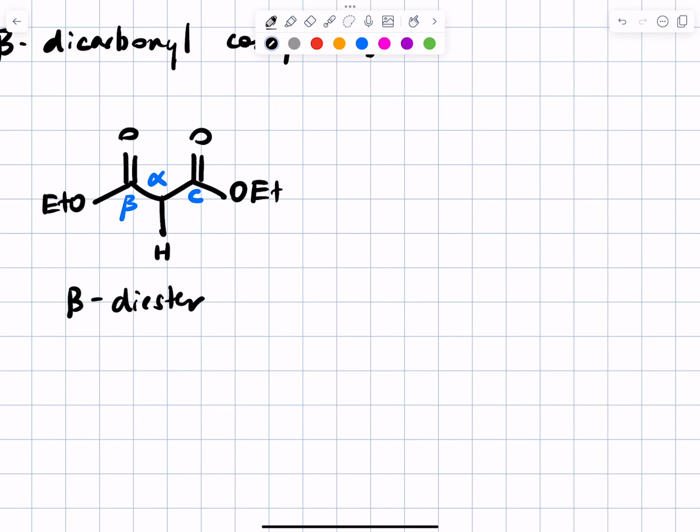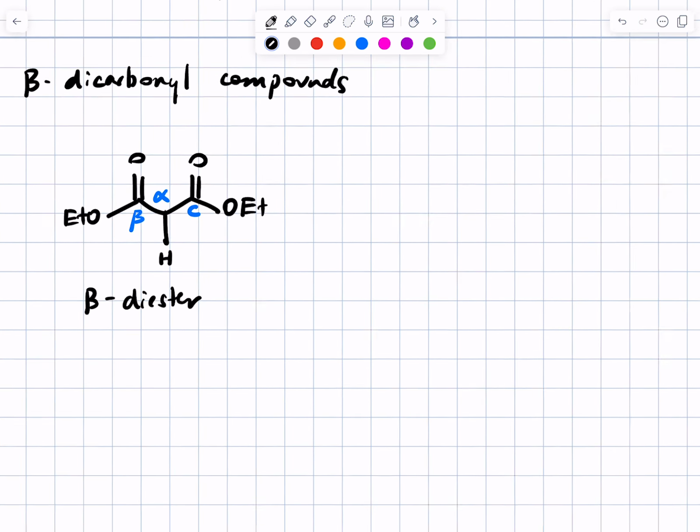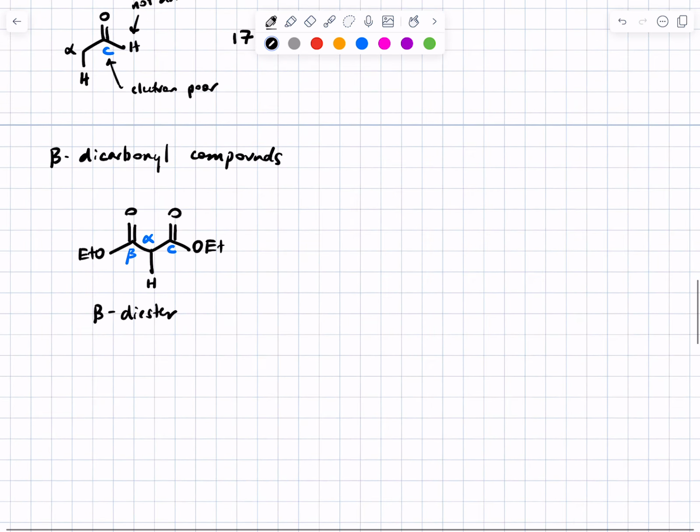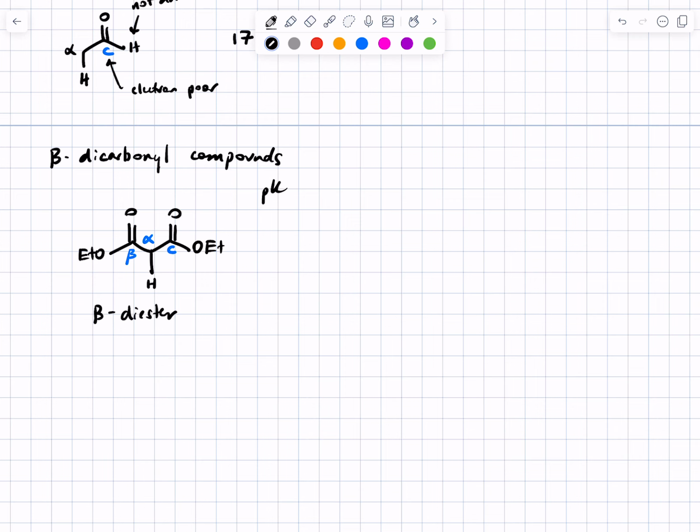And the pKa for this alpha proton that's adjacent to 2 esters is 13. That's pretty acidic, actually, for a CH bond. That's acidic enough that you'd expect OH minus or OR minus as a base to be able to remove 100% of the protons. The reason for this is pretty straightforward.